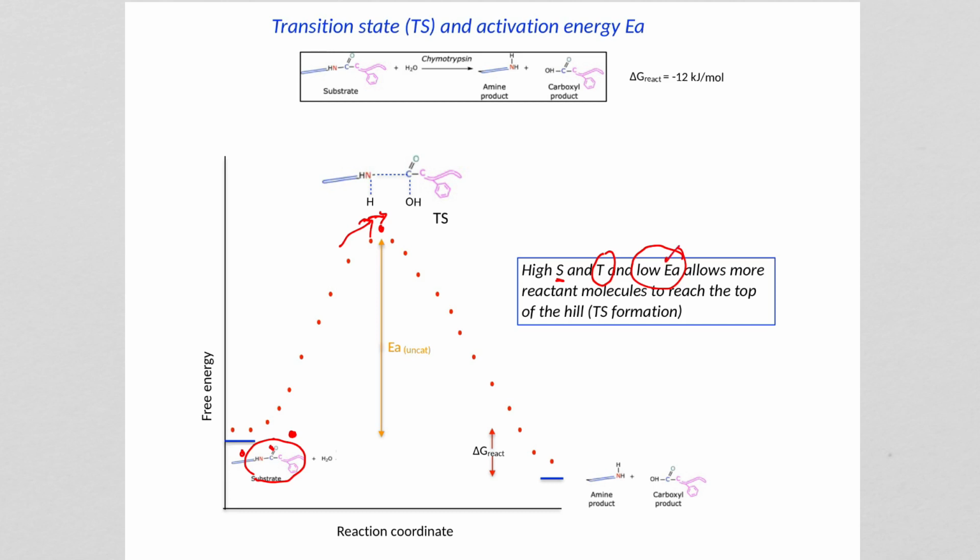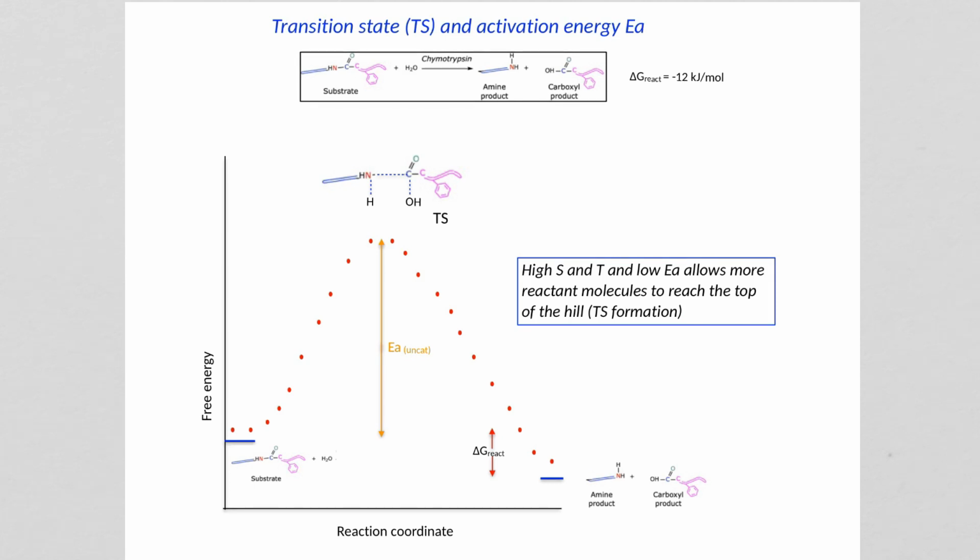But if the EA is very low, if it's a lower hill, then the better the probability that these reacting molecules will have enough energy to reach the top of the hill. So this is the reason why high substrate concentrations, high temperature, but low EA will allow reactions to happen faster.